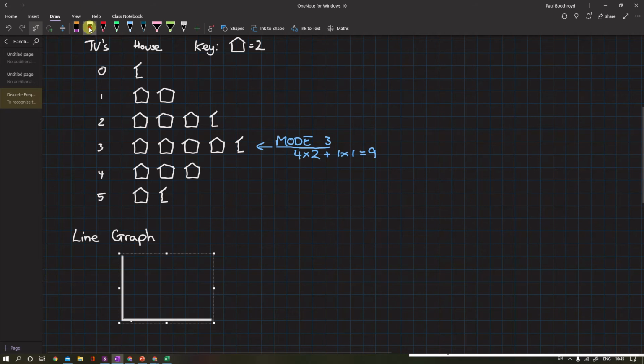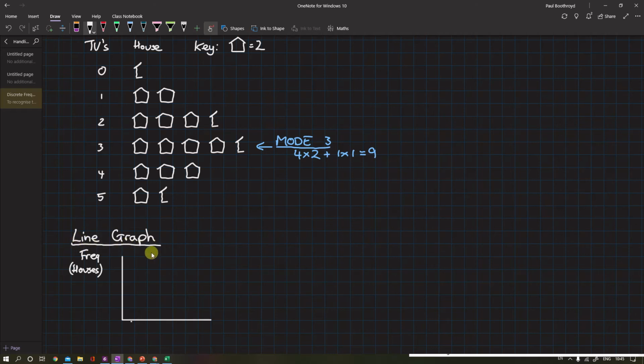Traditionally, the frequency goes up the side. So the frequency, and whenever you use the word frequency, I would recommend, what are you counting? Well, we're counting houses. Don't let the word frequency just take over. Make sure you know what the frequency is talking about.